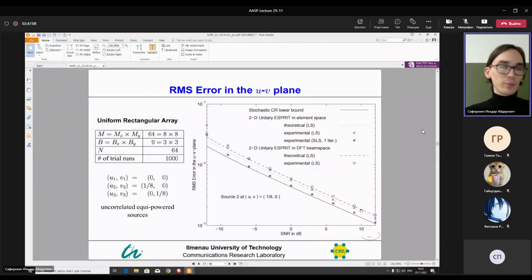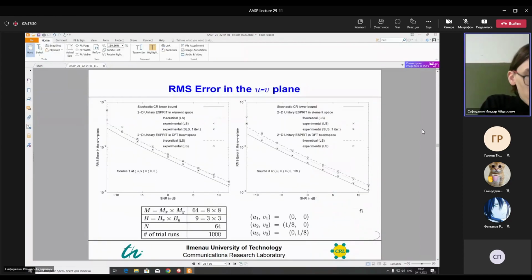It is really complicated for 1D, but of course you can imagine what we need to do for 2D. So we somehow need to save all these relationships for two different spatial frequencies here.